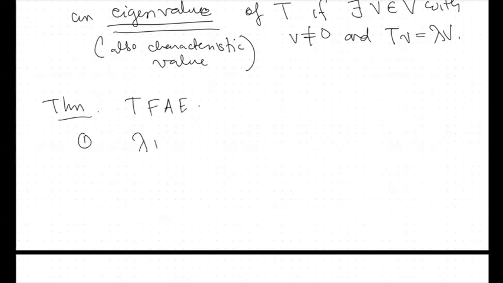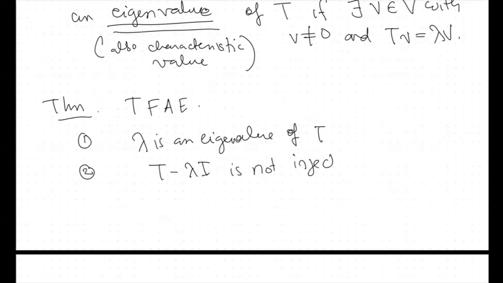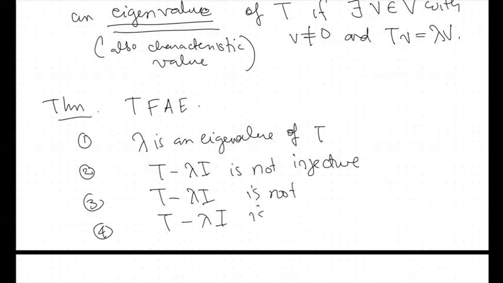Number one, lambda is an eigenvalue of T. Number two, T minus lambda I is not injective. Number three, T minus lambda I is not surjective. Number four, it's not bijective, or it's not invertible.